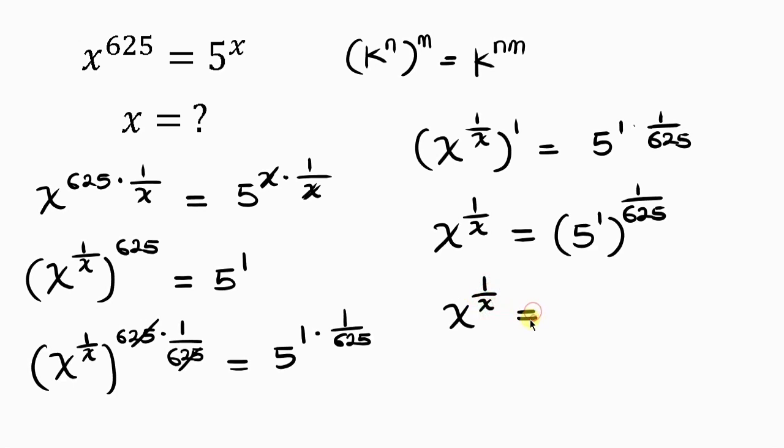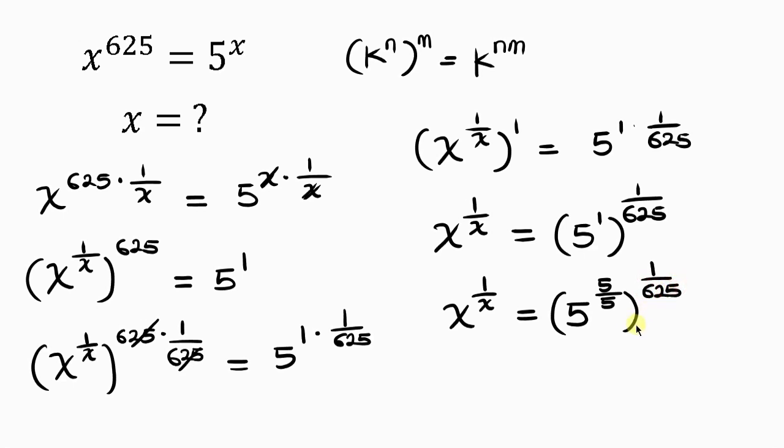This is equal to 5. Now remember that 5 over 5 is the same as 1. So it is valid that 5 to the 5 all over 5 is the same as 5 to the 1, since what I have here is 1. And this is raised to the 1 all over 625.